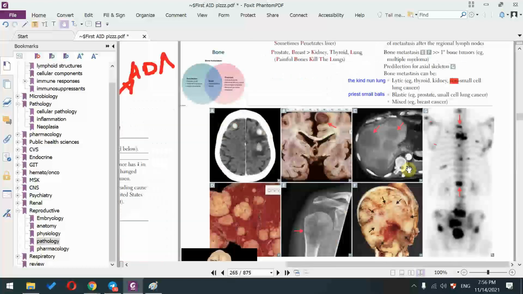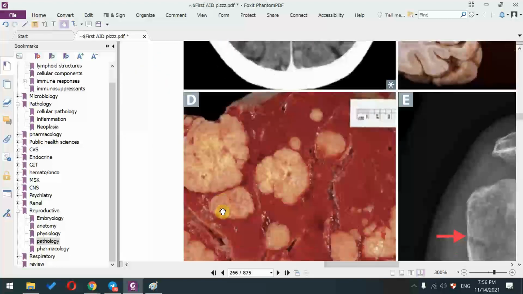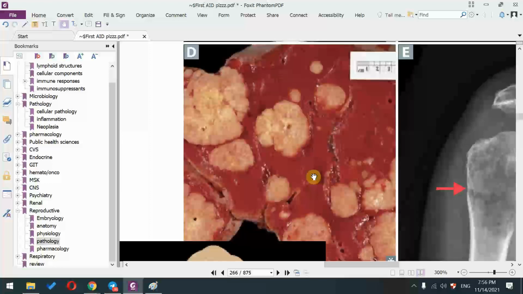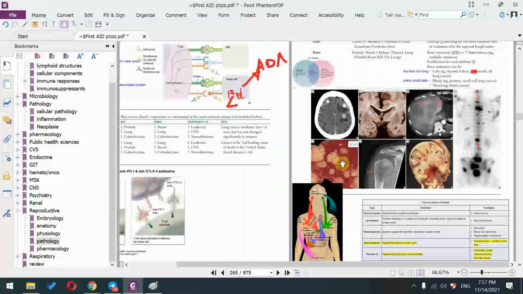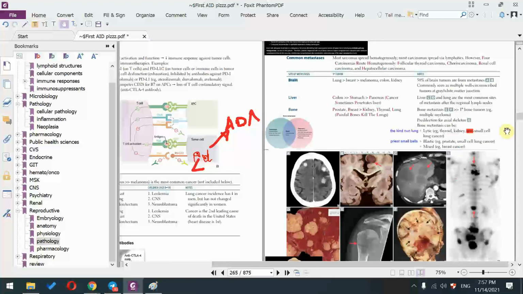Good. What about this gross picture? This gross picture is multiple masses. Are they connecting? No. So it's metastasis. Got it? It's super simple. It does not require a pathologist to diagnose. You just need common sense. Excellent job, guys. So let's see the next one.